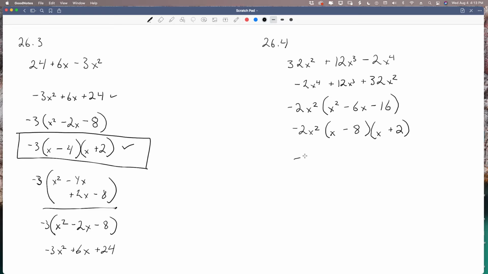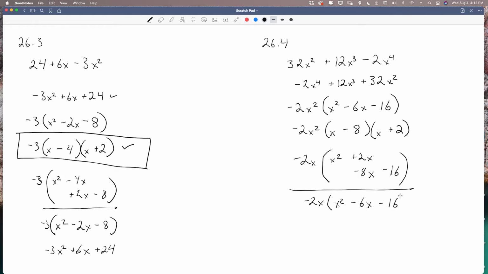Okay, so if we do x times x is x squared, right? X times +2 is +2x. All right, now for the second number, negative 8 times x is negative 8x. And then negative 8 times positive 2 is negative 16. All right, so that's going to be negative 2x times x squared minus 6x minus 16.